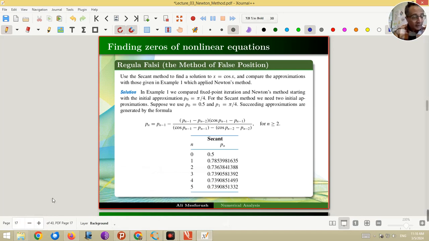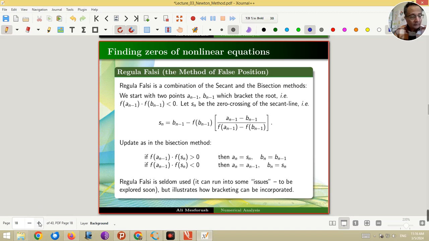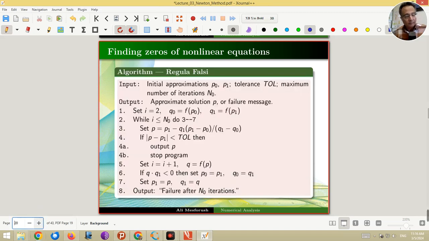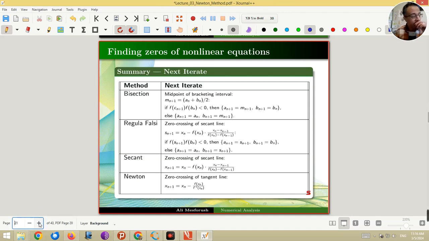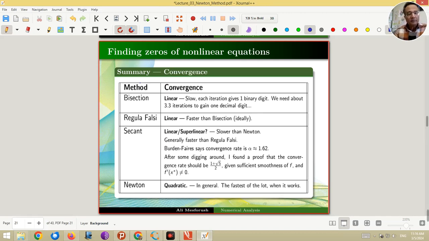So now let me compare some methods together. I forget about the regula falsi or false position technique because it's not very important and maybe we don't use it too much. Now let me see. The bisection method has linear convergence and it's very slow.